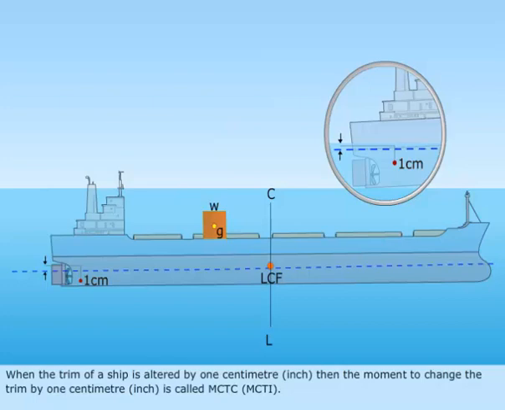When the trim of a ship is altered by 1 centimeter or inch, then the moment to change the trim by 1 centimeter or inch is called MCTC or MCTI.